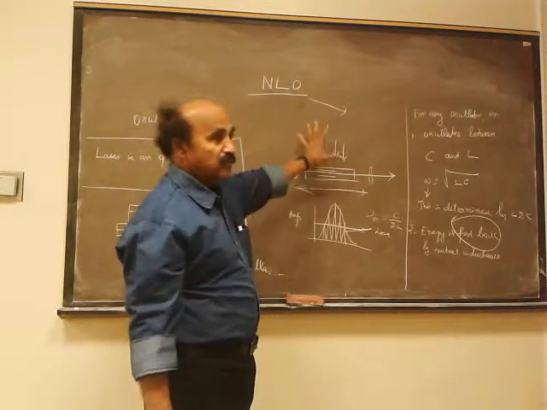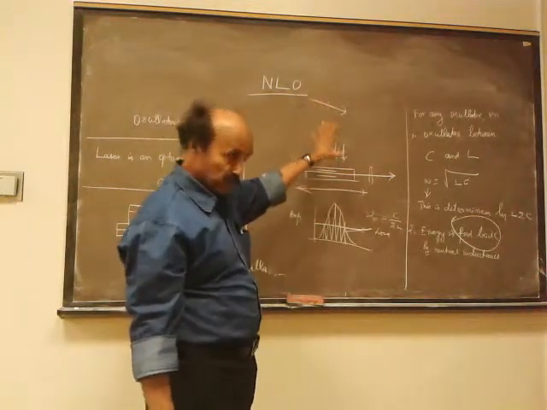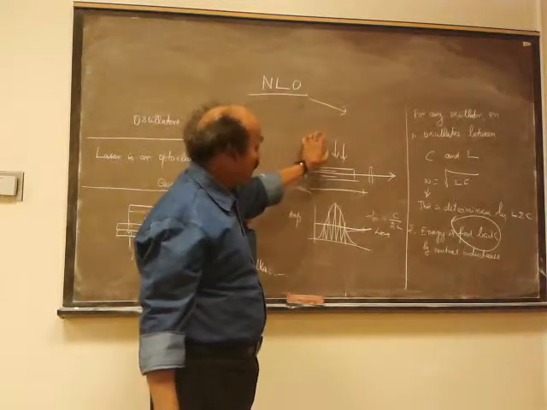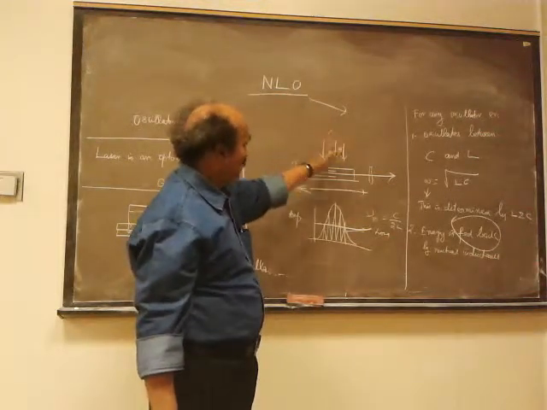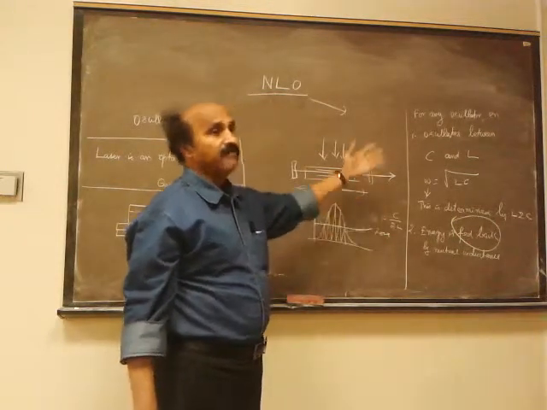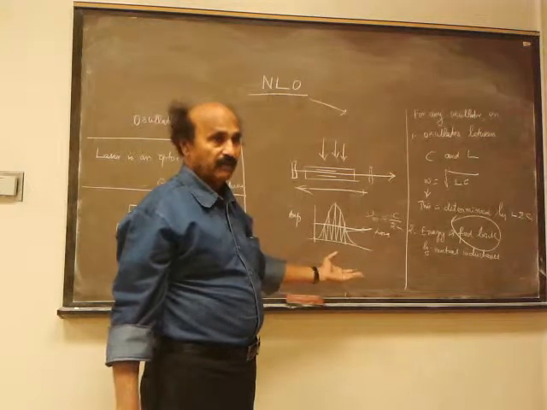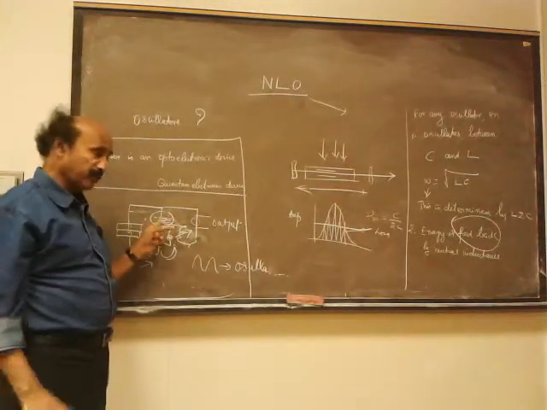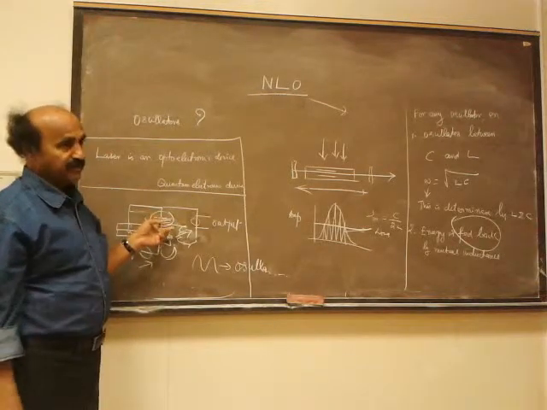This source of energy, which I could say is a direct source of energy, direct current, is converted into light of very high frequency. Let me repeat. The energy comes from a 2-volt battery or a 100-volt battery.